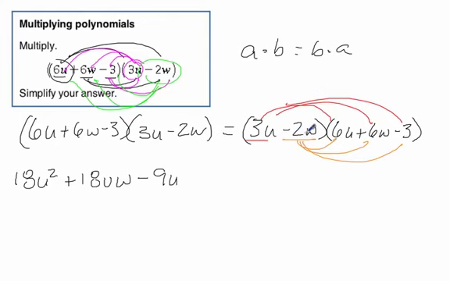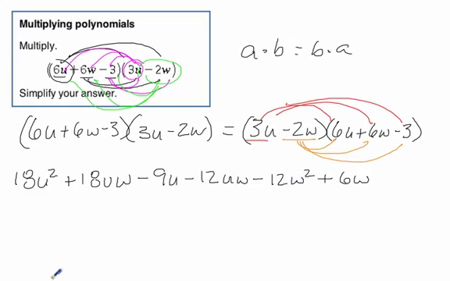Now continuing, negative 2w times the 6u is a negative 12uw. Negative 2w times the 6w is a negative 12w squared, and then the negative 2w times the negative 3 is a positive 6w.